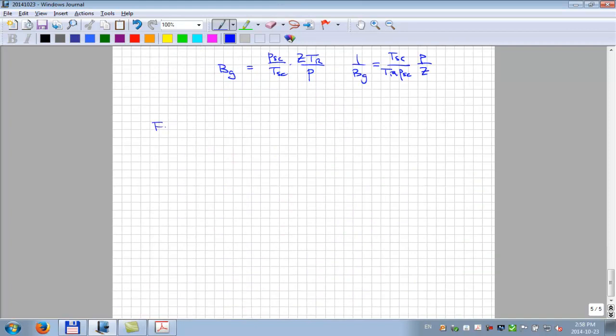For field units, which I know best: QG in standard cubic feet per day, K in millidarcy, H in feet, pressure in PSIA, temperature in degrees Rankine. What else is there? Viscosity in centipoise.